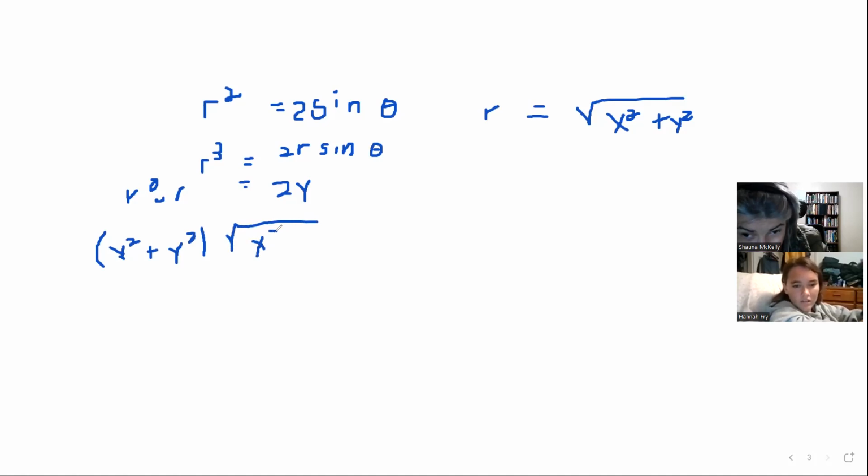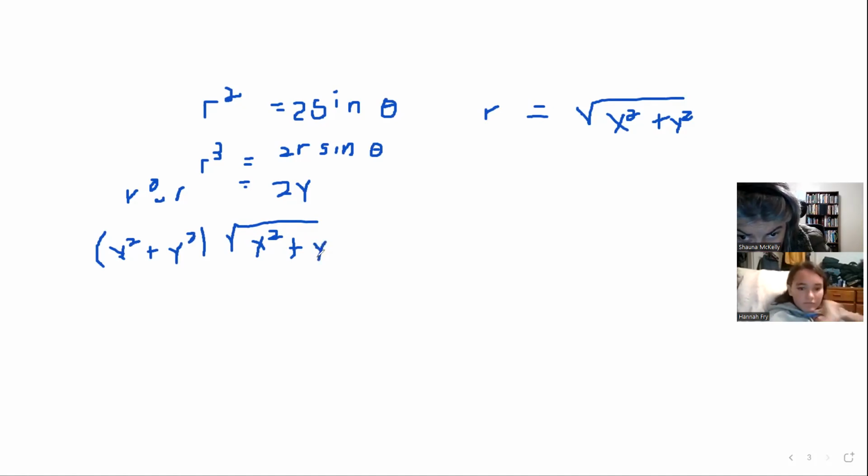That's why I said I don't think it's what she meant to give you. I'm assuming that she meant for this to be r. If there was an r here, she just probably meant for this to be r. And then you would get x squared plus y squared is 2y, which would be a circle, right? But x squared plus y squared under the radical.